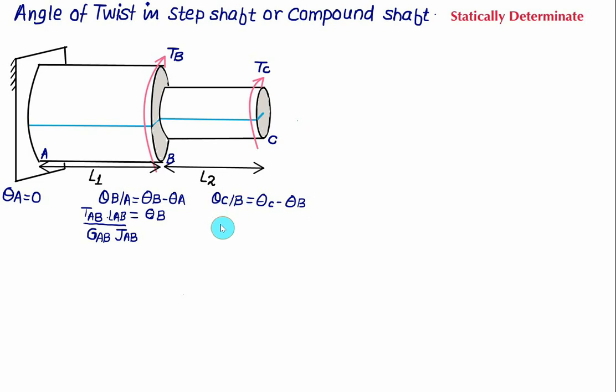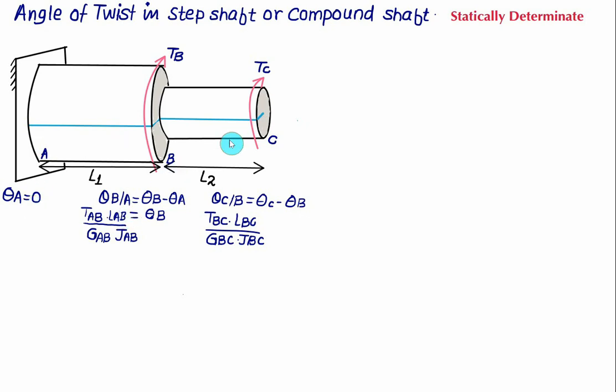Similarly, theta C with respect to B we can calculate using the same formula: the torque acting on shaft BC multiplied by the length of BC, divided by G of BC multiplied by the polar moment of inertia of BC. In this fashion we can calculate the total deformation of C with respect to A, because A is fixed, so we can find the absolute value.